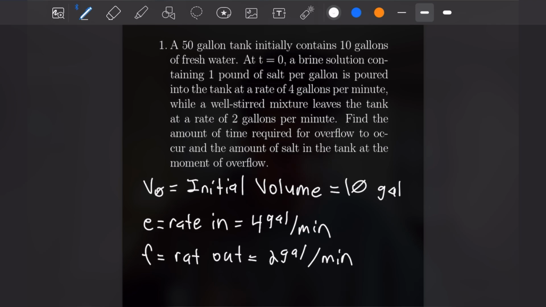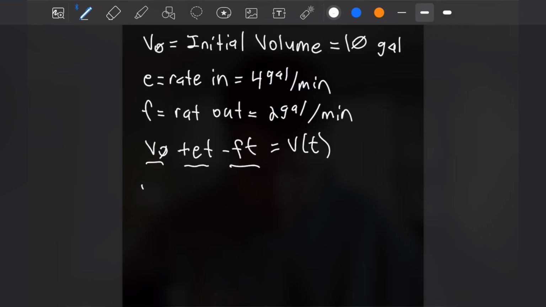So we can represent our volume at any given point in time by V naught plus E times T minus F times T. And that equals the volume at any time T, because that is our initial volume plus the rate in minus the rate out. So what we want is when V of T is equal to 50 gallons.